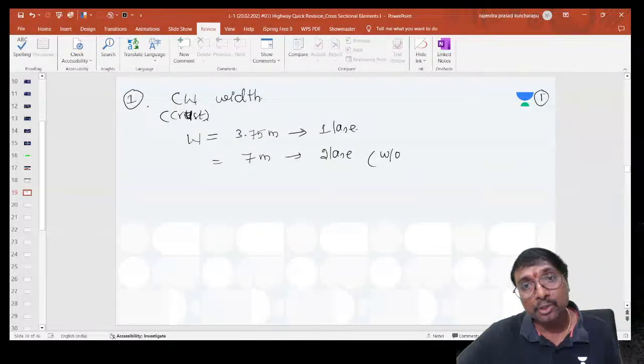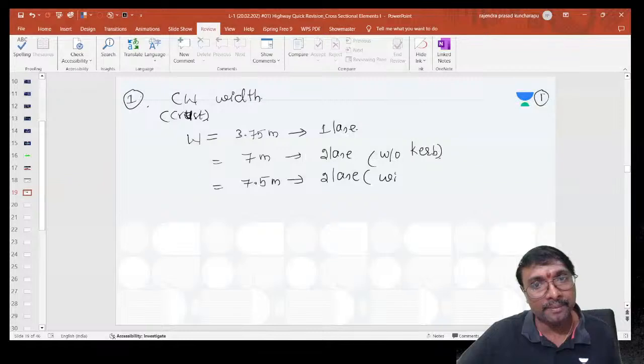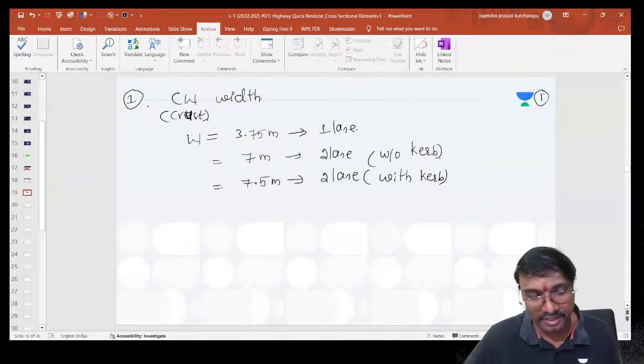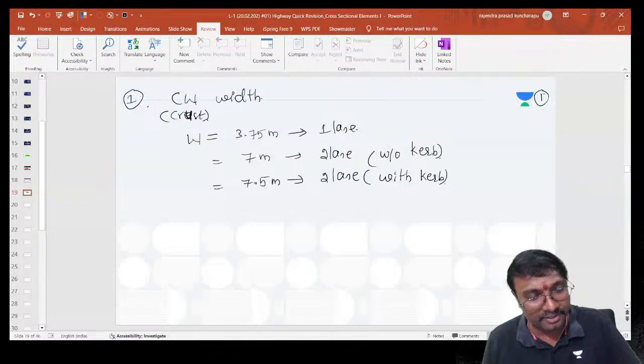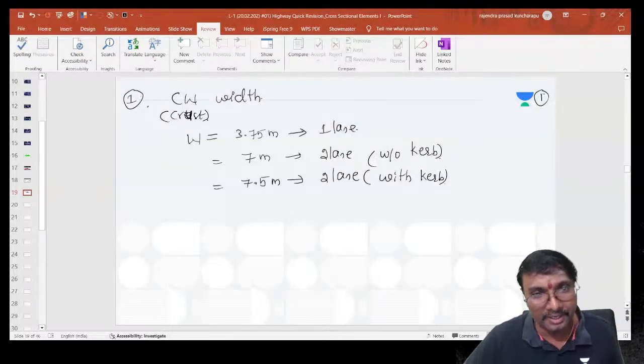If it is with curb, it will be 7.5 meters, for a 2 lane road with curb. Whenever raised curbs are there, 0.5 meters extra we have to give.